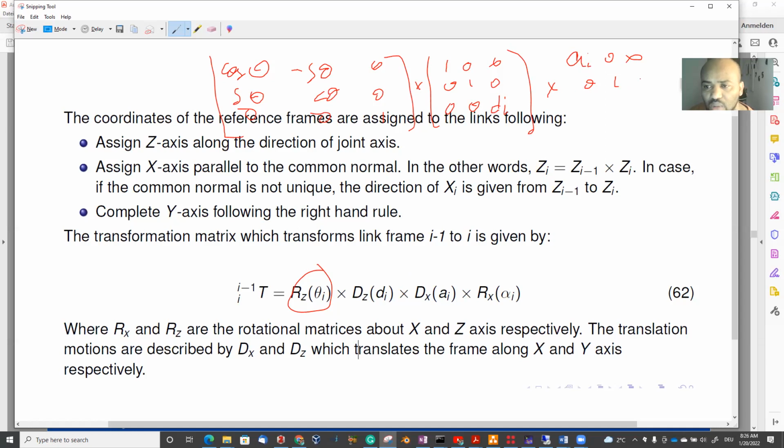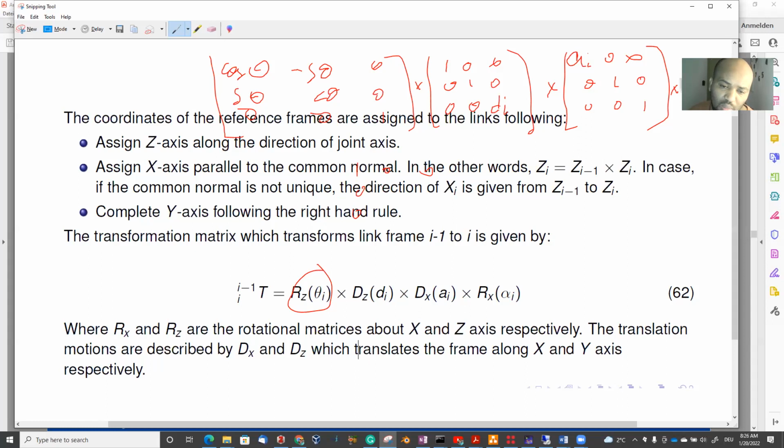This is about y-axis. Then 0, 0, 1. And then finally you multiply with the third one, which is rotation about x, which is 1, 0, 0, 0, 0.